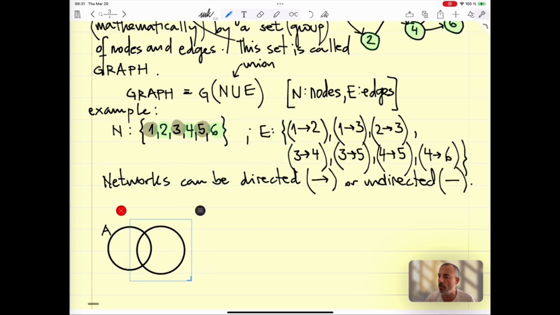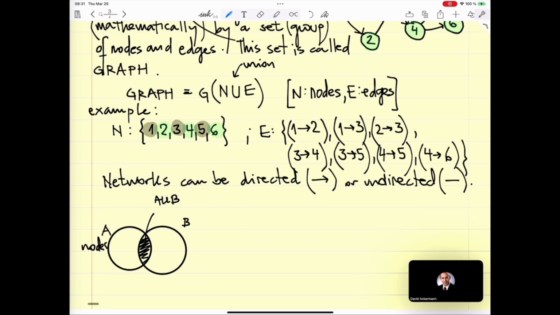In this case, it's going to be edges and nodes, and you have a different group of people in B. This part is the union. It needs to have both characteristics. So in order to describe a network, a graph, we need to have both the nodes and the edges. If we only have the nodes or only the edges, then you don't have a graph. Does this make sense?